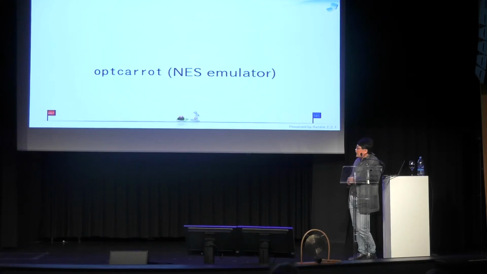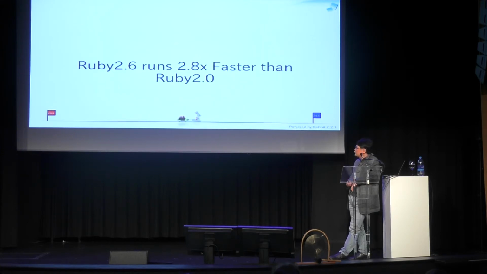For example, the CPU-intensive benchmark Optcarrot runs 2.8 times faster, which is great compared to Ruby 2.0. So it's almost close to three times faster.